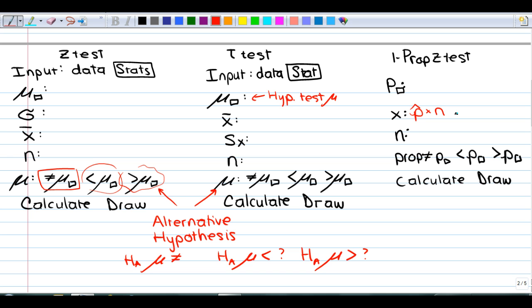Now be careful, if your sample proportion times n doesn't equal a whole number, you'll have to round to the nearest whole number. Well, nearest interval? No, nearest integer. Since that proportion one uses the least amount of information, let's just do one.